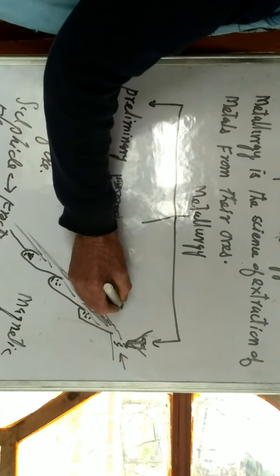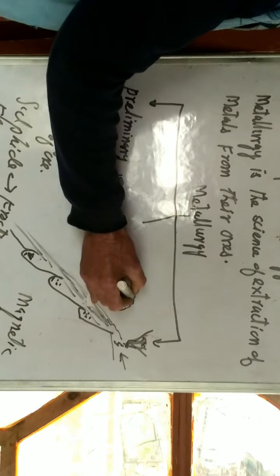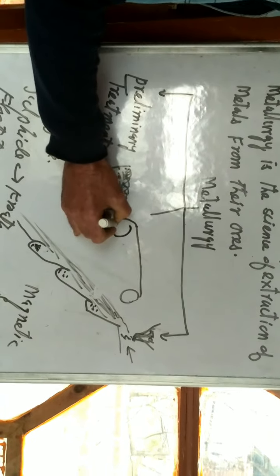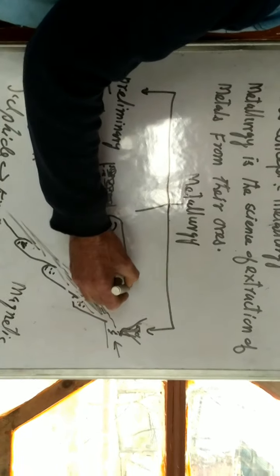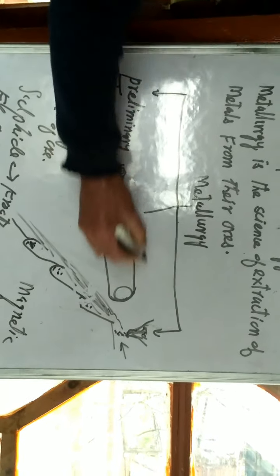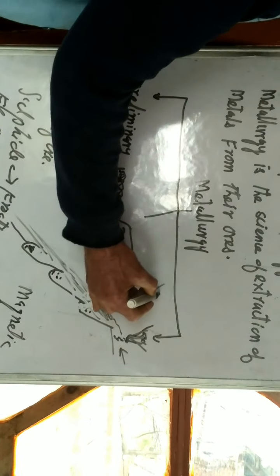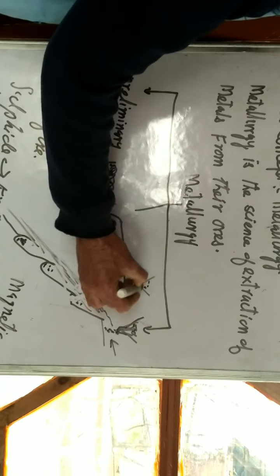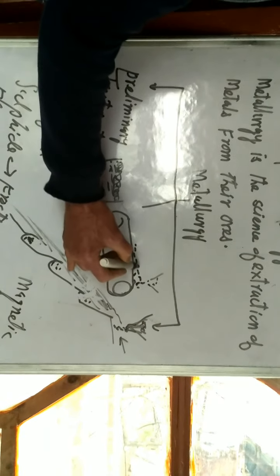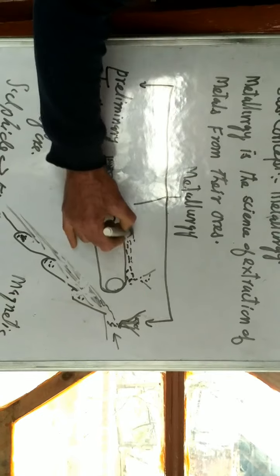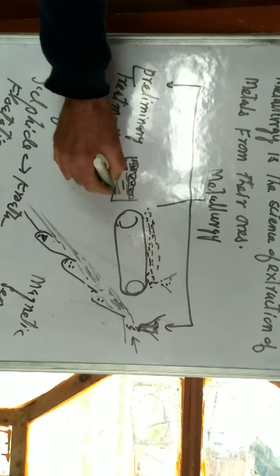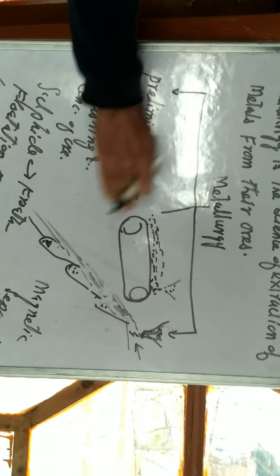Here, a belt is moved over magnetic rollers. When the belt rotates, ore is dropped here in the form of particles. The moving belt brings this crushed ore, along with the gangue, forwards.